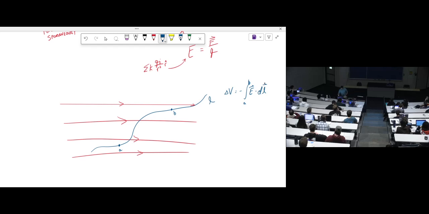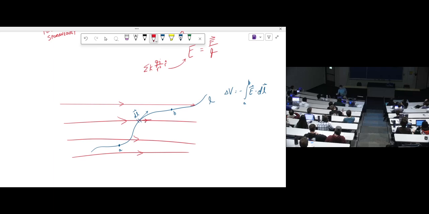So let's take dl at this point right here. And dl, the differential step change, is always going to be tangent here. So this is dl, whereas our electric field is pointing to the right in this case.